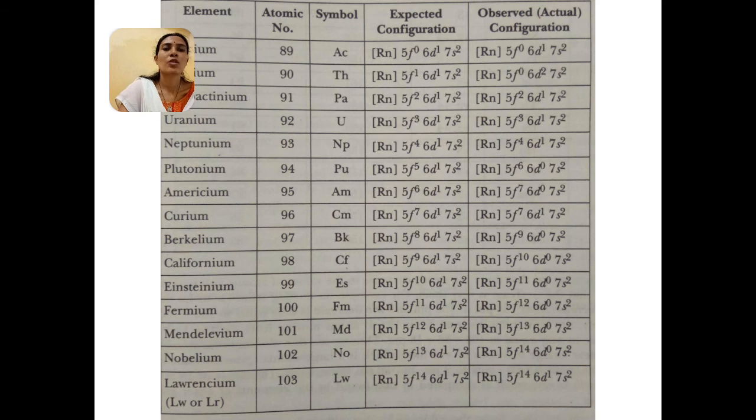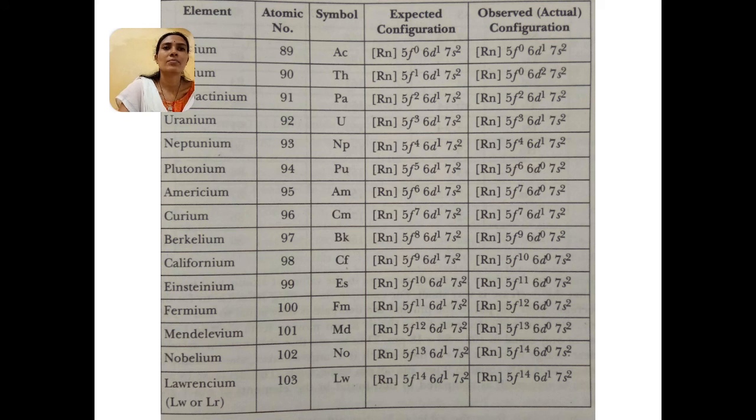This is the electronic configuration for actinide series. Elements, atomic number, symbol, expected configuration, observed, actual configuration.